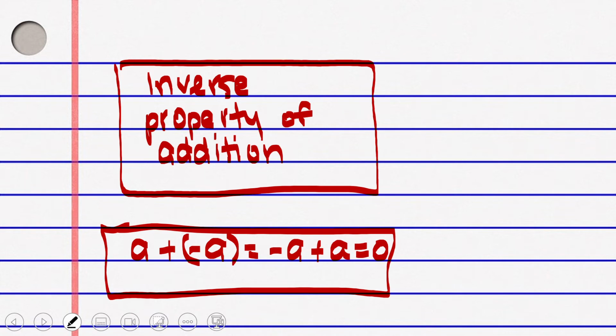An example, let's do 9 plus negative 9 is equal to negative 9 plus 9, which is all equal to 0.